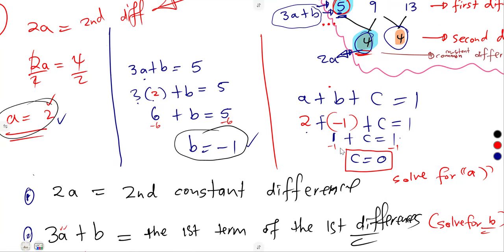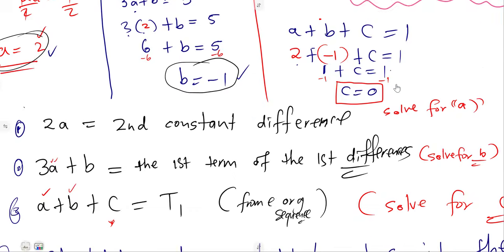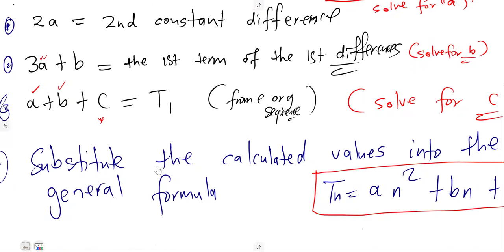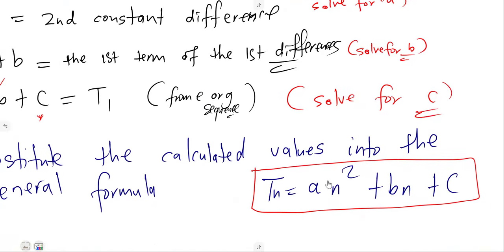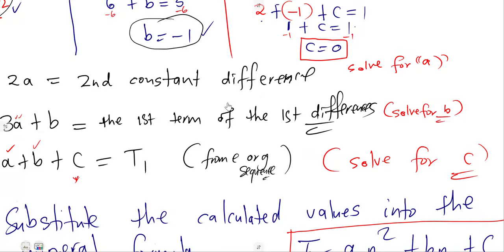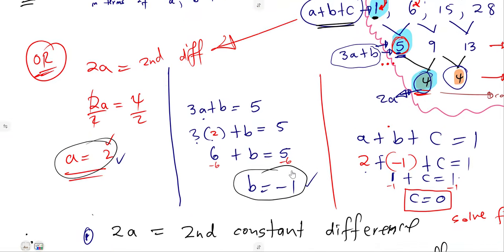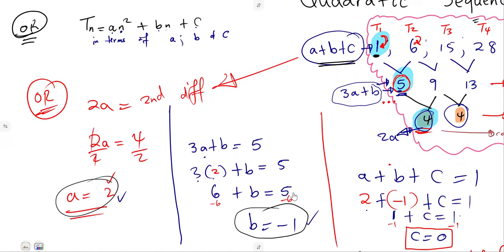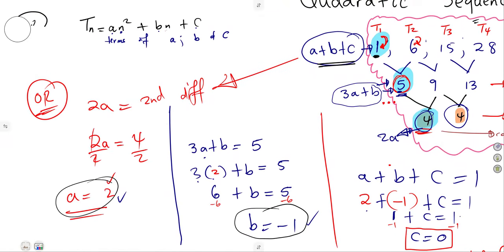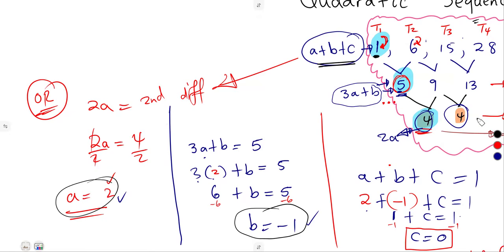After finding these constants, what you're going to do is substitute them as they are in that general formula for a quadratic. Remember, our Tn is equal to an squared plus bn plus c. This is a presentation, guys, that I just want you to know, ways that you can use. So you're going to substitute.